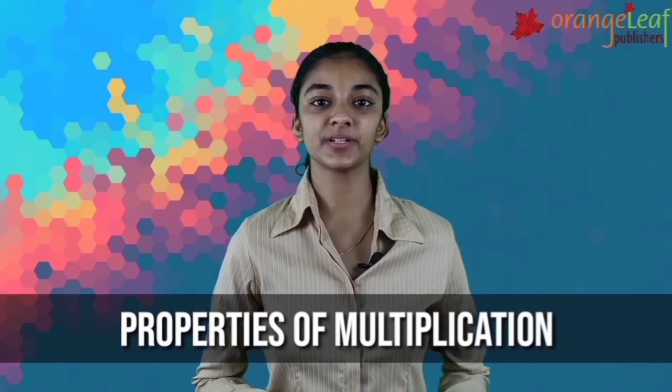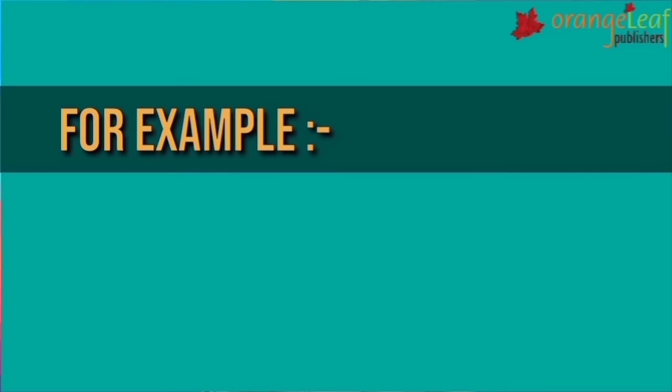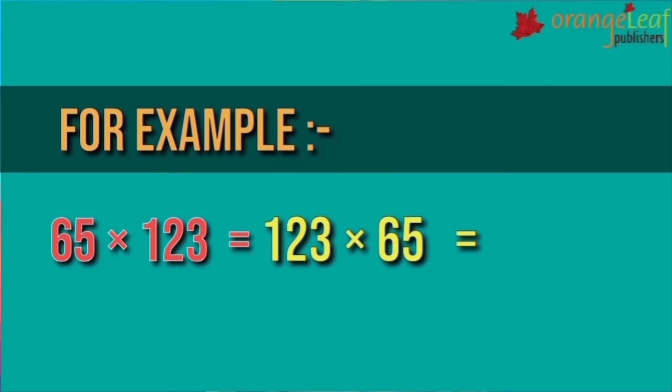Properties of multiplication. Property number 1. The product of the numbers does not change if the grouping is changed. For example, 65 into 123 is the same as 123 into 65, which is equal to 7,995. Property number 2.